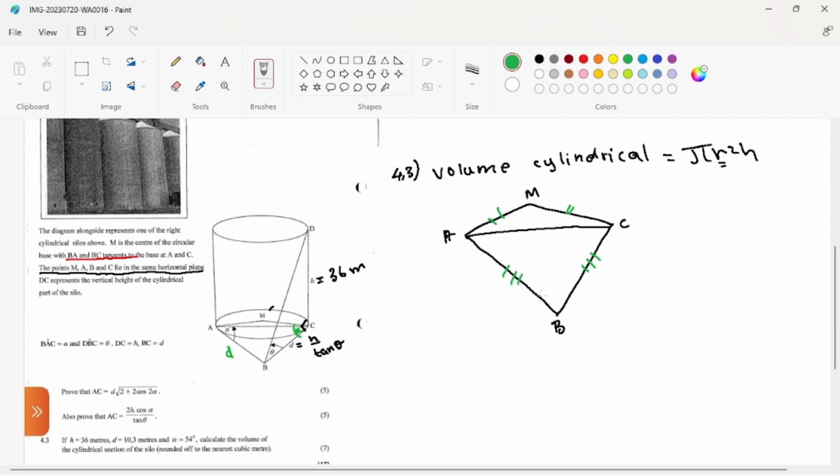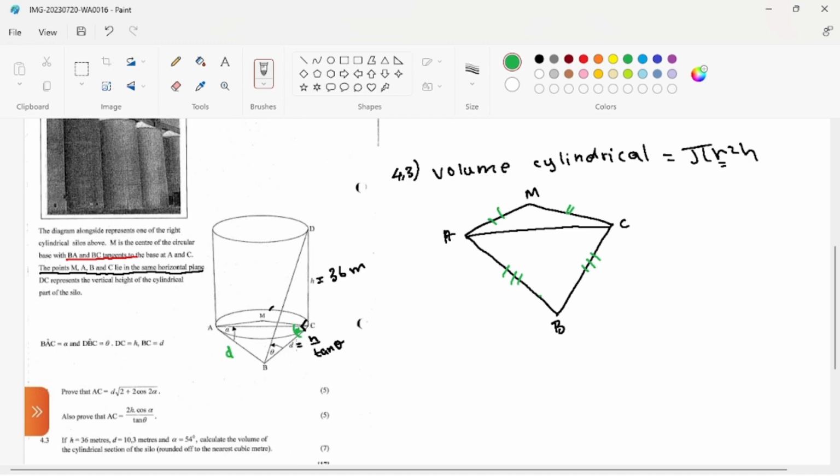We were given alpha. What reason can we use for BA being equal to BC? We can say that it is a kite, right?